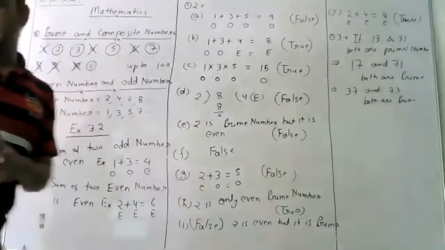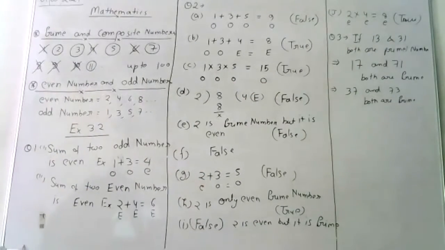Here are two queries: Master Vaibhav Pandey and Master Aniruddha Vatsal. Master Vaibhav Pandey, ask your question. Sir, in question number 2, in statement I you have written that 2 is even, but it is a prime, and you have written false. Why, sir? Statement I is all even numbers are composite numbers.